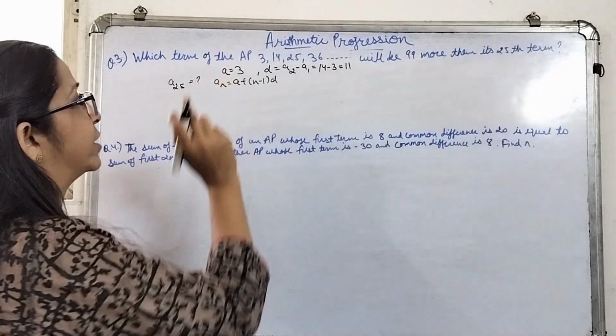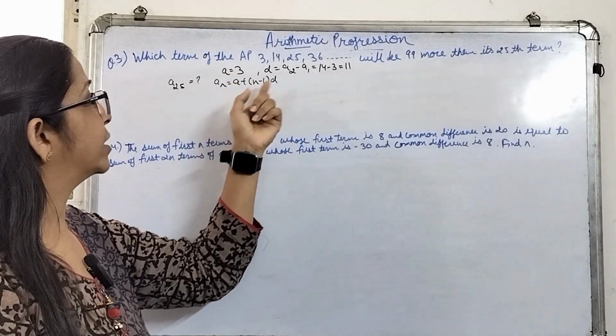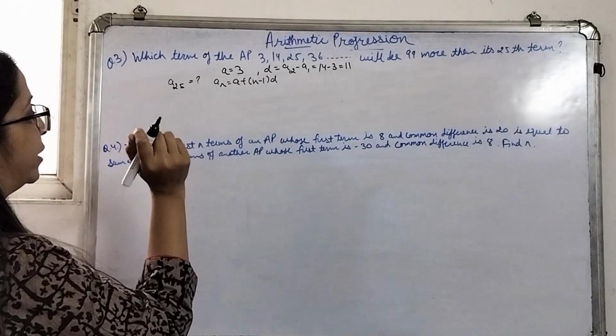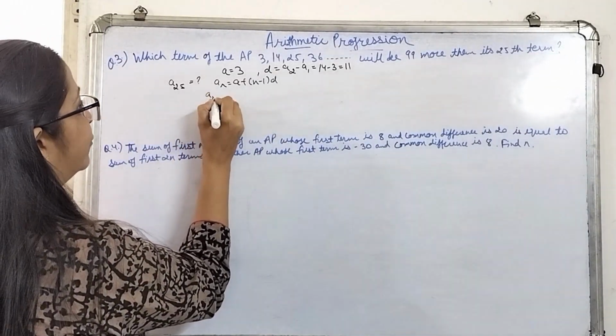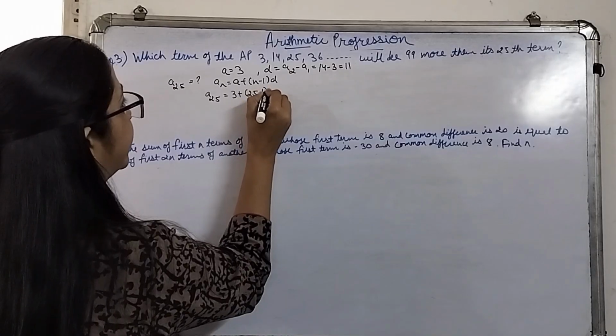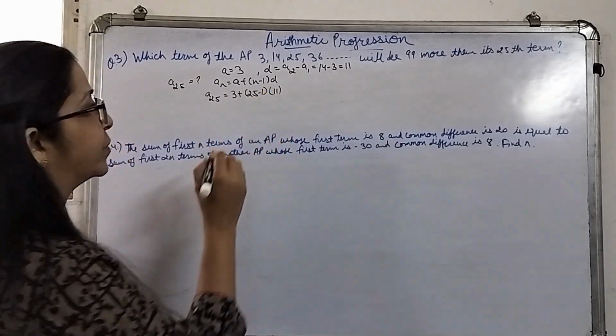Over here we have the value of a, the value of d, and the value of n also, that is 25. So A25 will be, a is 3 plus 25 minus 1 into d, which is 11.